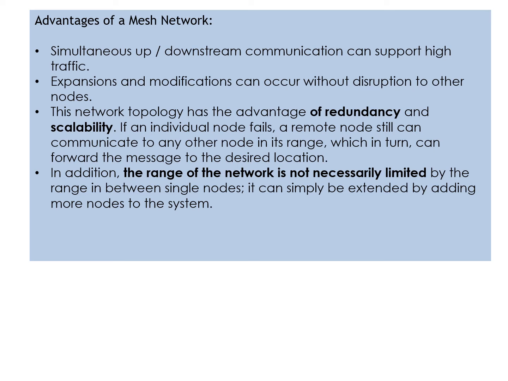Redundancy means that in this topology a source will have many paths to reach the destination. And scalability means that you can add or remove a node without stopping the whole network, or in case one node fails.